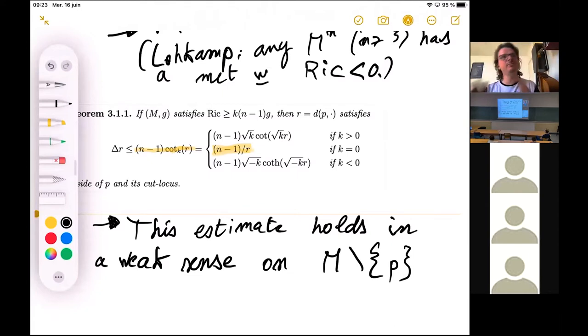So you can get an upper bound on this Laplacian, either in the distribution sense or in the barrier sense. And this is actually very useful. And the same goes for the comparison theorem for non-negative sectional curvature. It has counterparts on the cut locus in a weak sense.